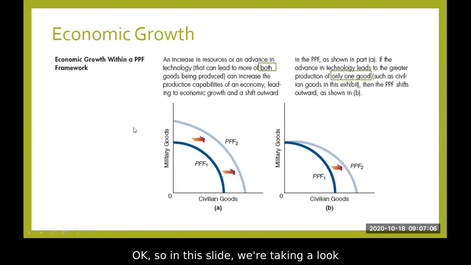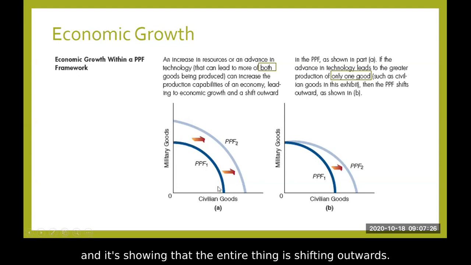So in this slide, we're taking a look at economic growth, and we'll talk more about economic growth when we get to chapter 17. But here, we're just seeing how economic growth relates to the PPF framework. Initially we have this first PPF, and it's showing that the entire thing is shifting outwards.